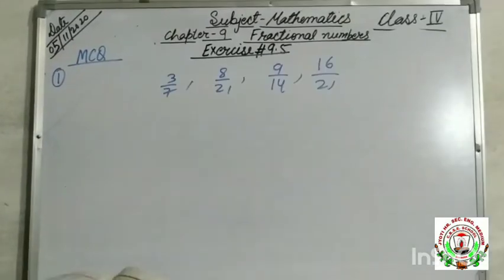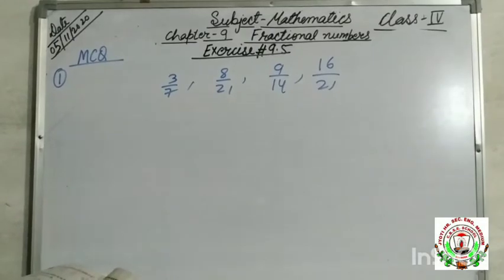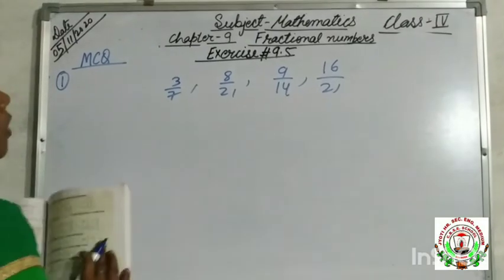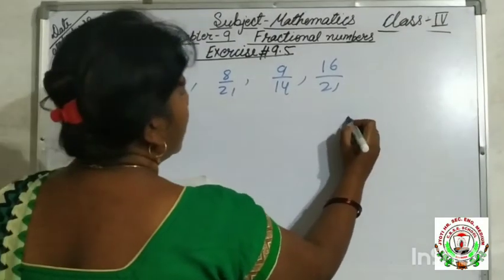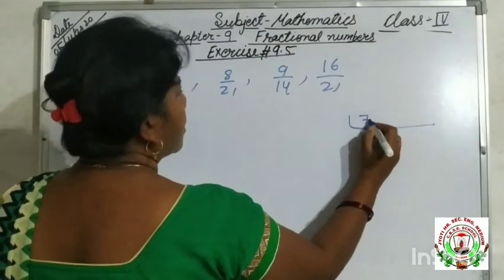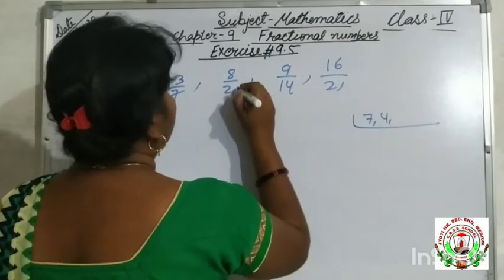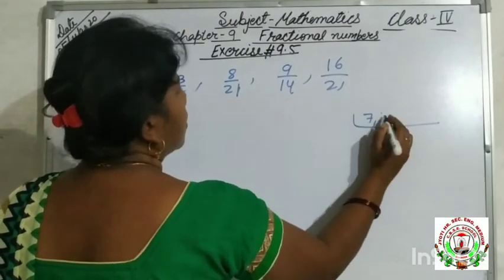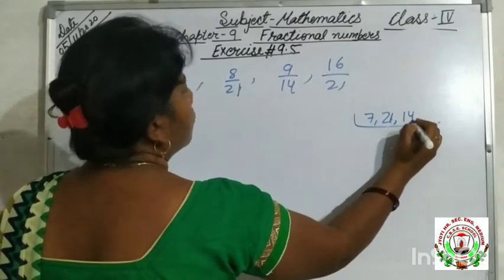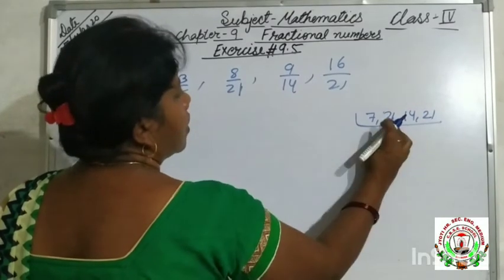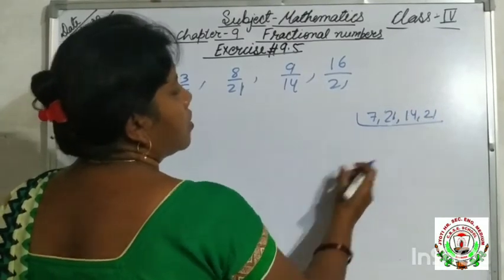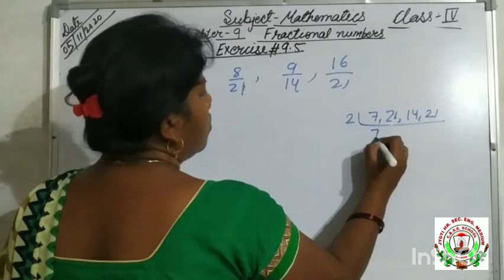Question number 1: which of the following fractions is the greatest of all? First we will find out the LCM of the given denominators: 7, 21, 14 and 21. Here 14 is divisible by 2, so we will take 2.